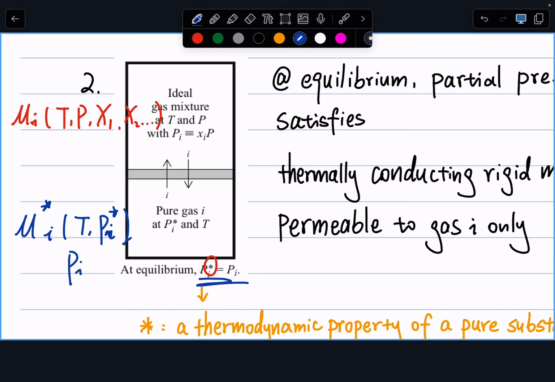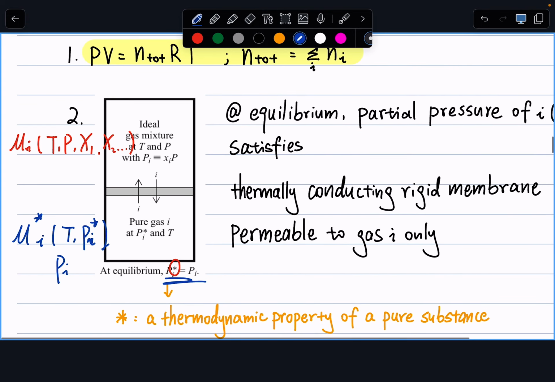Now we set it up in contact with a bottom chamber containing only A. In order for these two chambers to be in equilibrium with each other, we separate them by a thermally conducting rigid membrane that allows only A to permeate through.